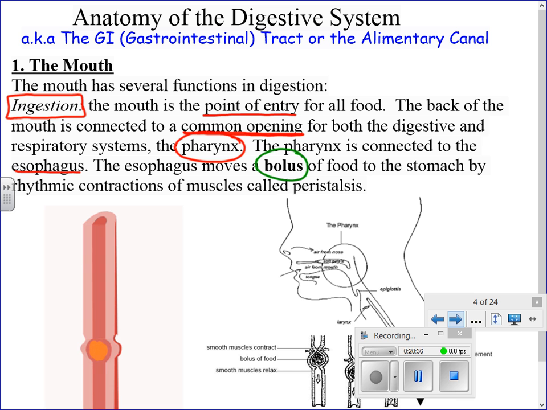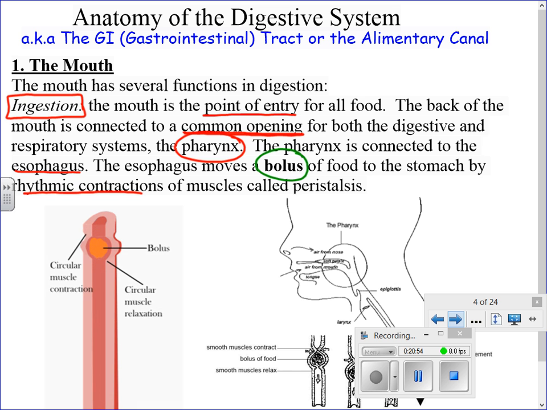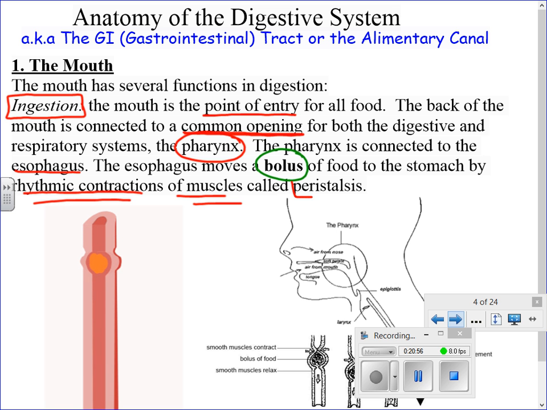That's because as you chew things and your tongue and your teeth roll the food around, it usually ends up making a small circle-like shape. And so that bolus of food is moved to your stomach by your esophagus. And your esophagus does rhythmic contractions of muscles called peristalsis.